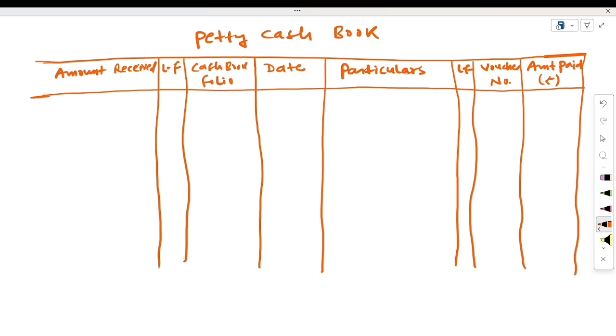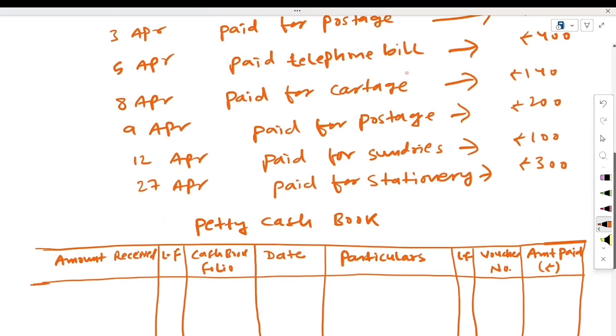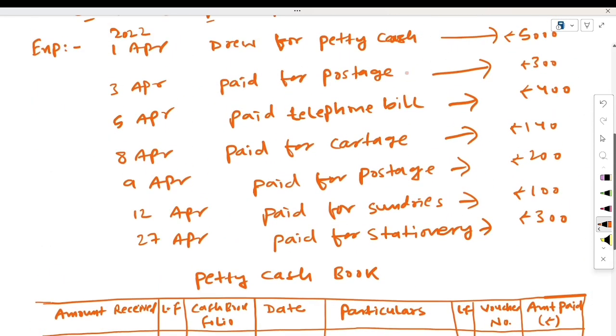First of all, we have to transfer the balance from main cash to petty cash. The amount is given on 1st April. Received for petty cash, how much? 5,000. He is drawing from the bank, not from cash. If you withdraw from the bank, what entry will you pass here?